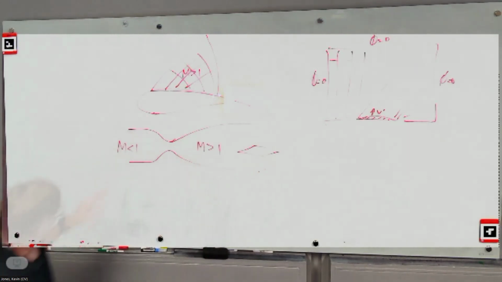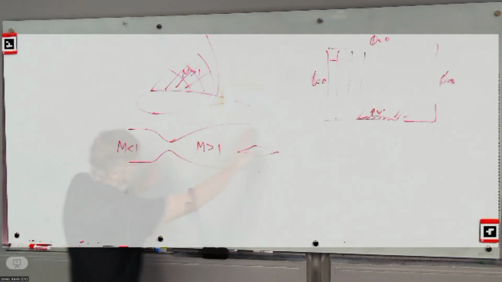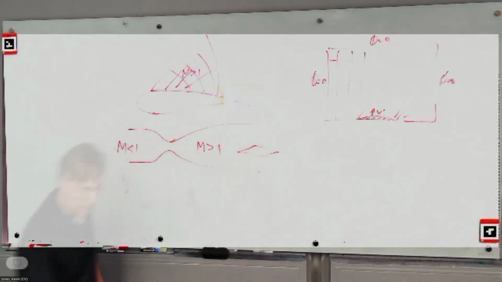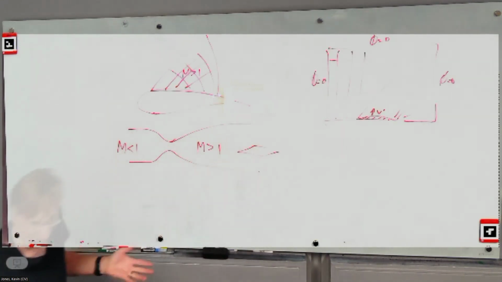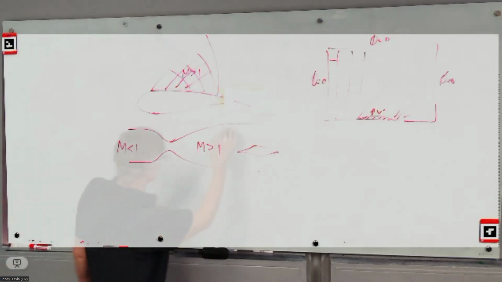And we did quasi-1D analysis through here just to figure out how to get the right Mach number back here that we want. And the question is, when you do this and it's not technically quasi-1D, it's really 2D or 3D, what's the distribution of Mach across here? Is it uniform?